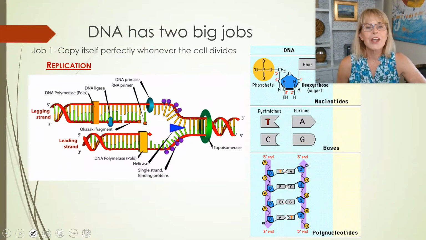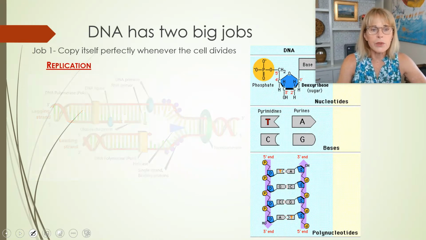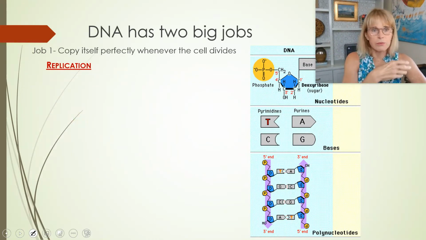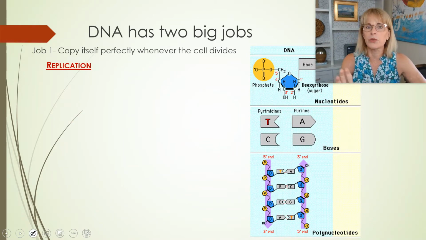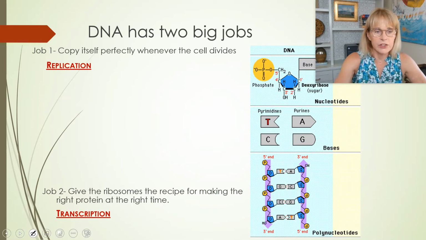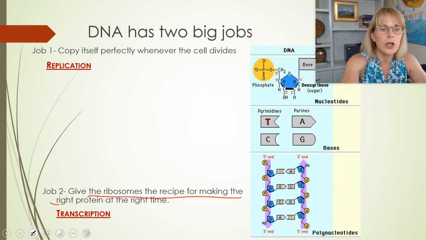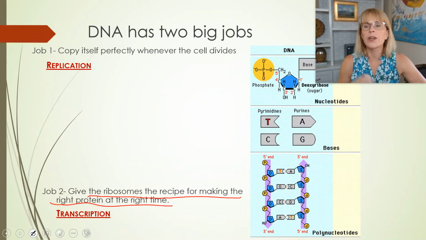All righty. So that leads us to what is DNA's second big job. Its first big job is just to copy itself perfectly whenever the cell divides. But its second job is to be the source of information for the ribosomes to get the instructions for how to build a protein.